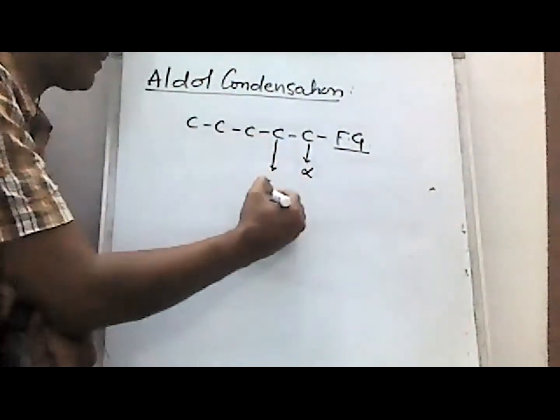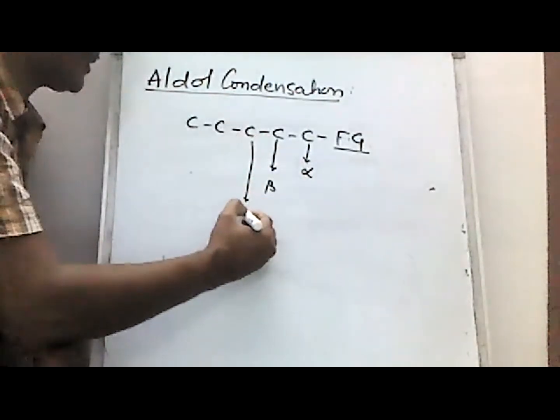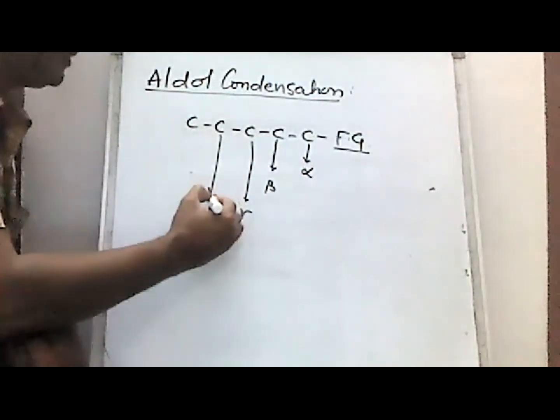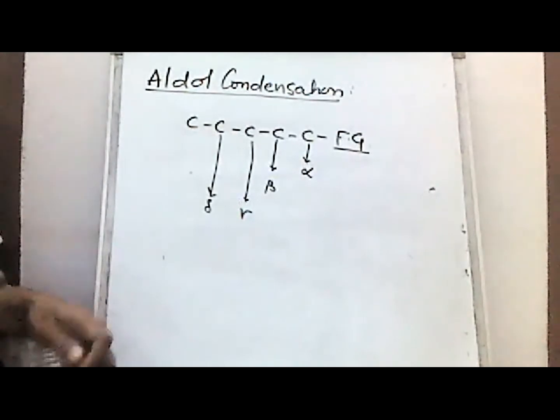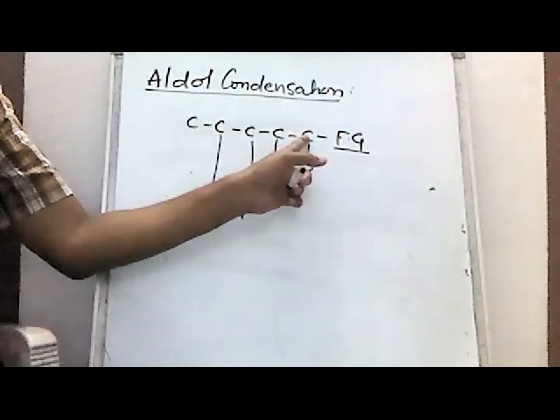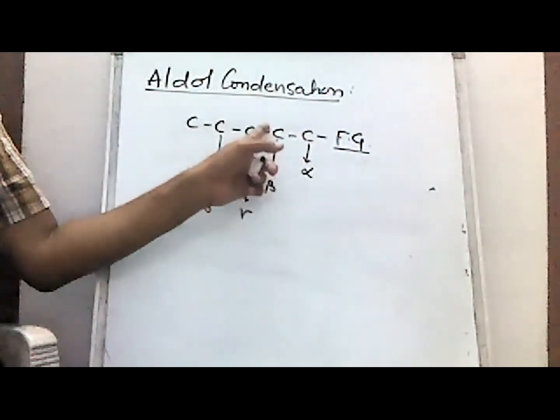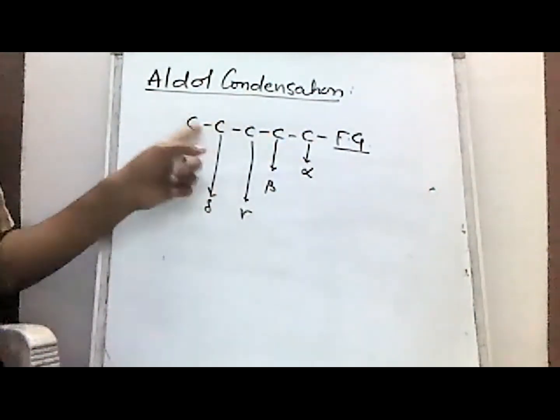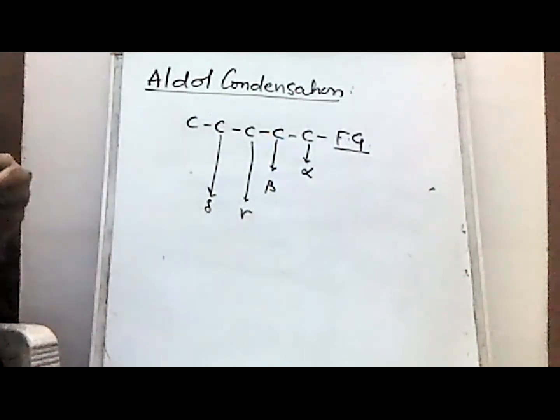Then the next carbon we are calling the beta carbon, the next carbon gamma and delta, like this. The carbon attached to the functional group is called alpha carbon, and adjacent to it are beta carbon, gamma carbon, delta carbon and so on.